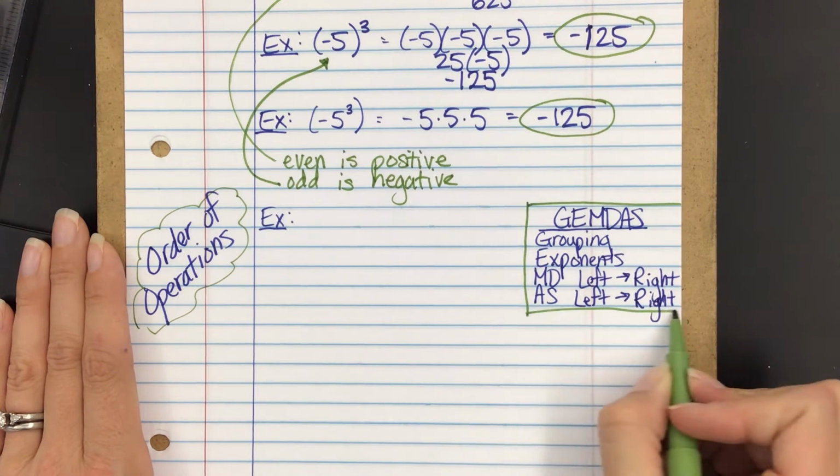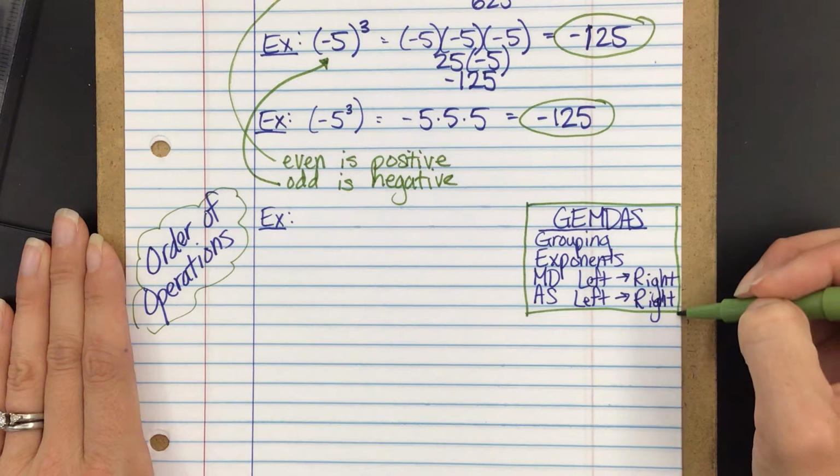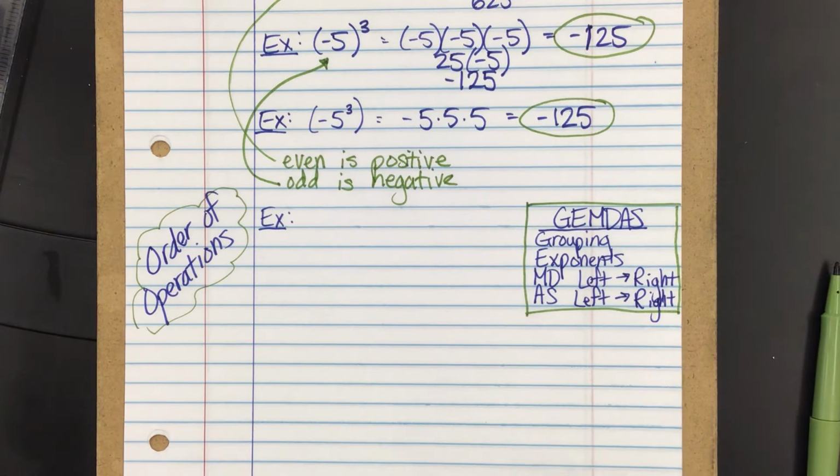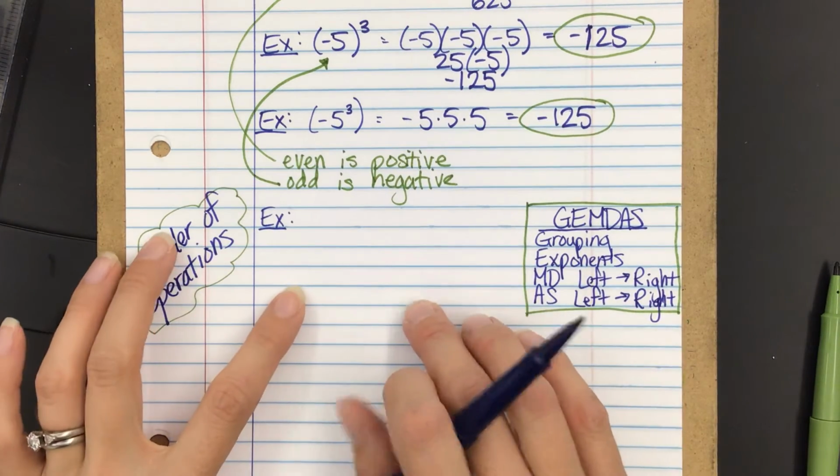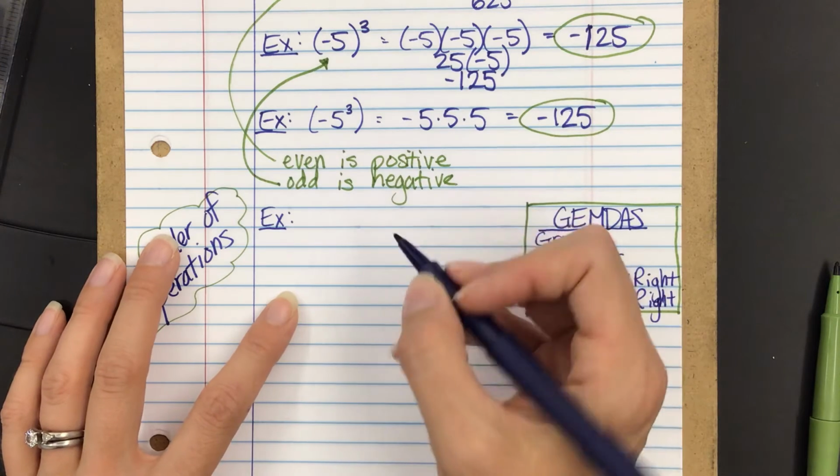Okay. Just a little box there to remind us. Now for this example, I'm going to do one that has that fraction bar, so I'm actually going to write it down a little ways so I have room to work above and below it.